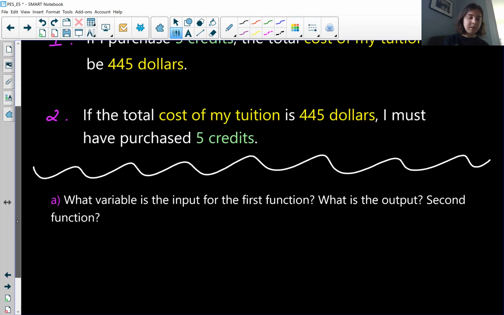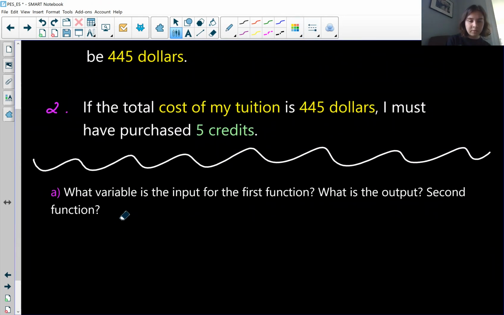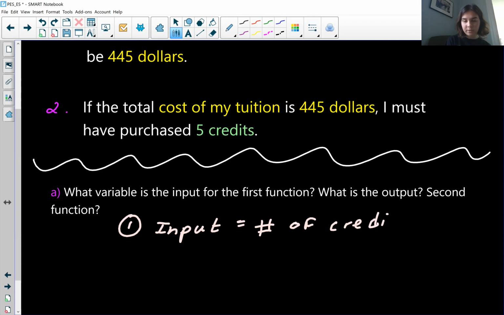I'm gonna do that in pink. So for that first function, input is going to equal number of credits. I'm changing the way I write my F's. Trying to make a change. All right. And then what about the output?